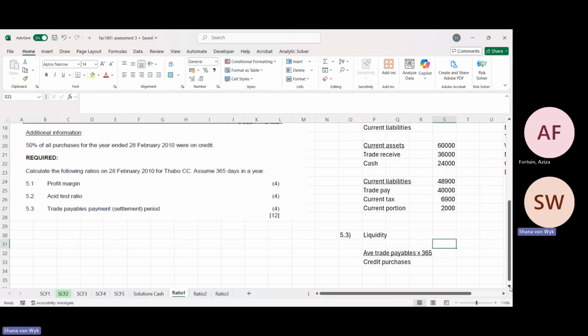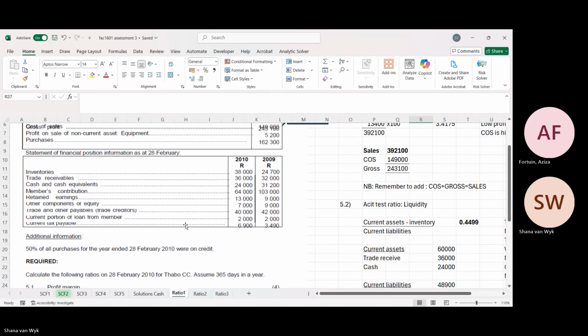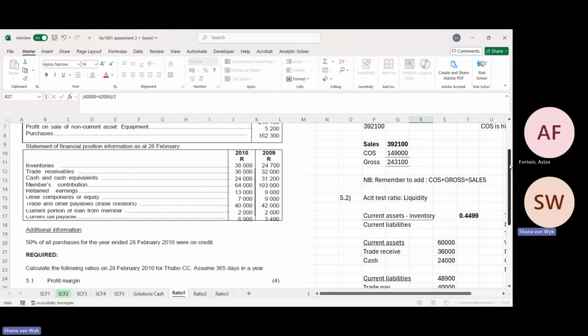The formula for average trade payables is just your start plus end divided by 2. So average trade payables is 40,000 plus 42,000 divided by 2.